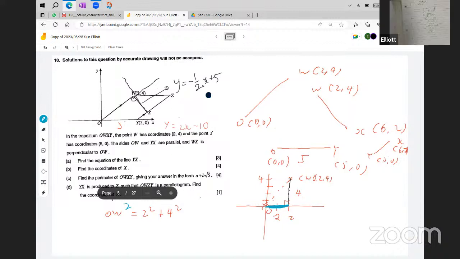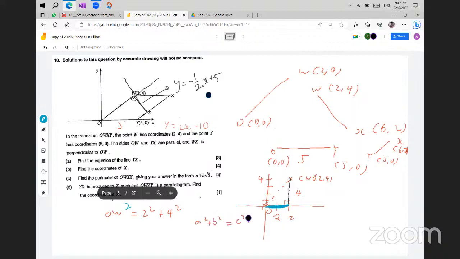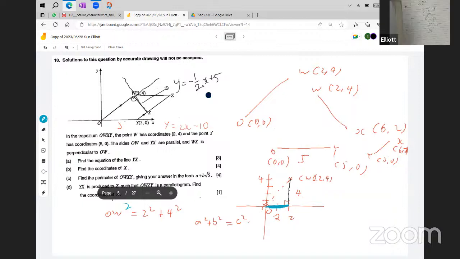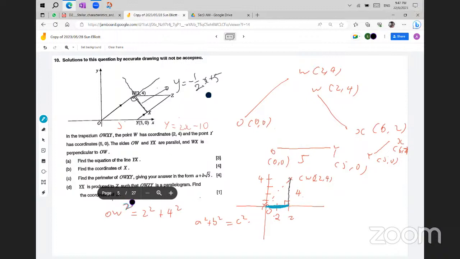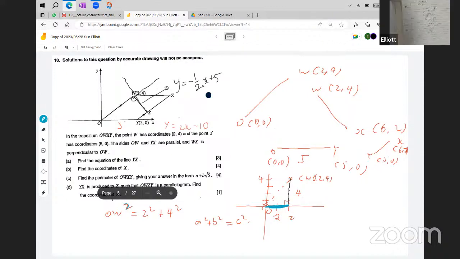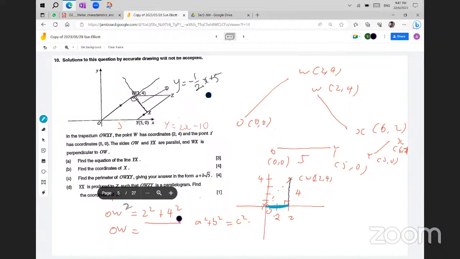A square plus B square equals C square. Compared to our equation, what are we missing? The square, the OW square. But we don't want OW square, we only want OW. So OW equals to square root of 2 square plus 4 square.